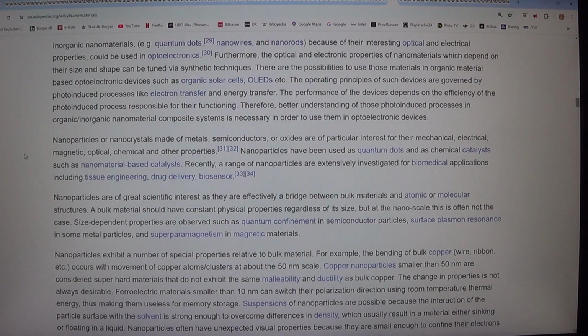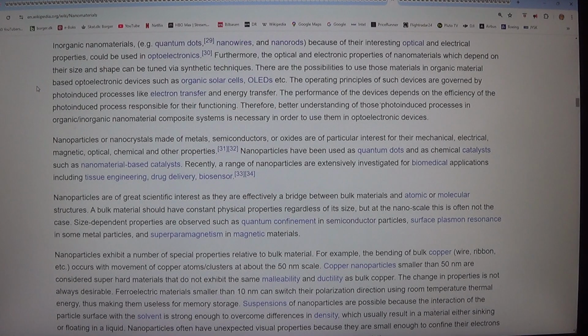Therefore, better understanding of those photon-induced processes in organic/inorganic nanomaterial composite systems is necessary in order to use them in optoelectronic devices. Nanoparticles or nanocrystals made of metals, semiconductors, or oxides are of particular interest for their mechanical, electrical, magnetic, optical, chemical and other properties.